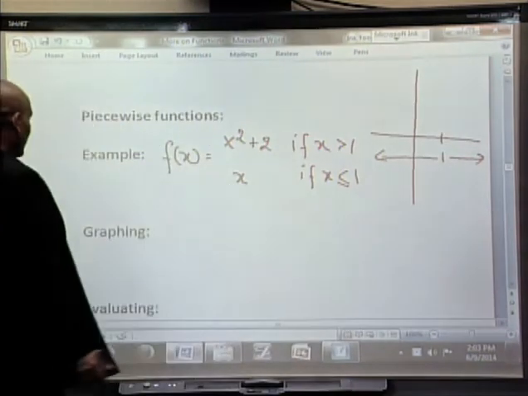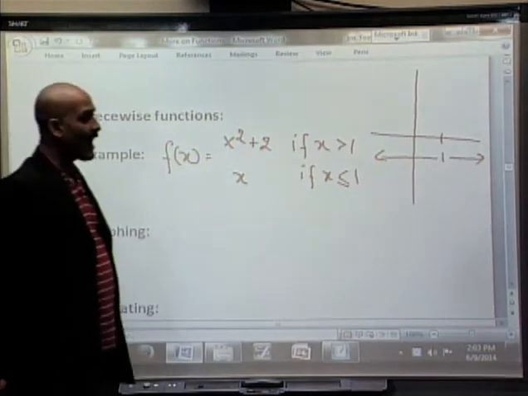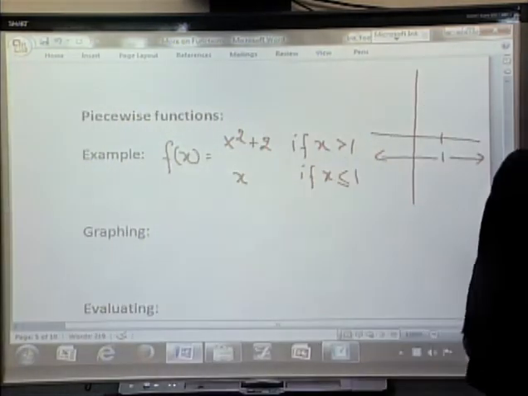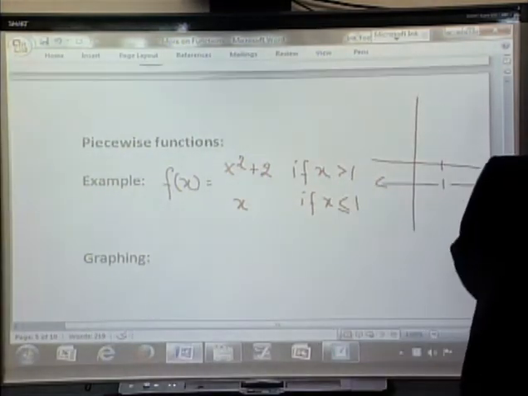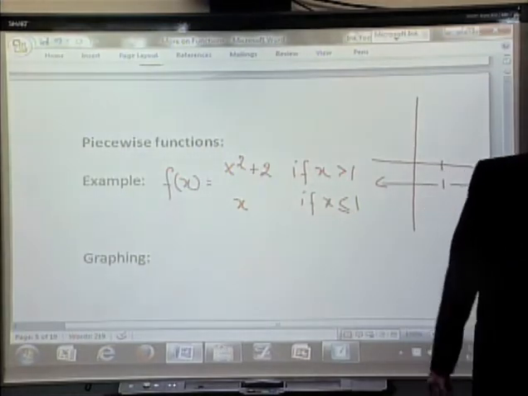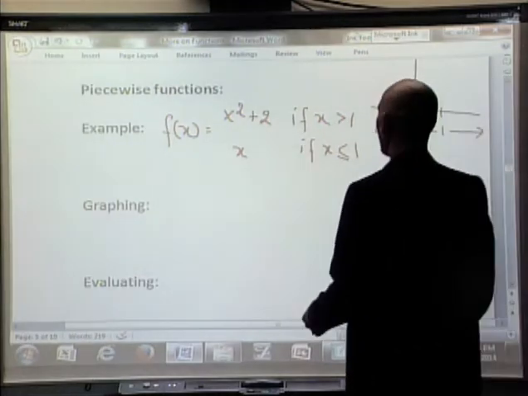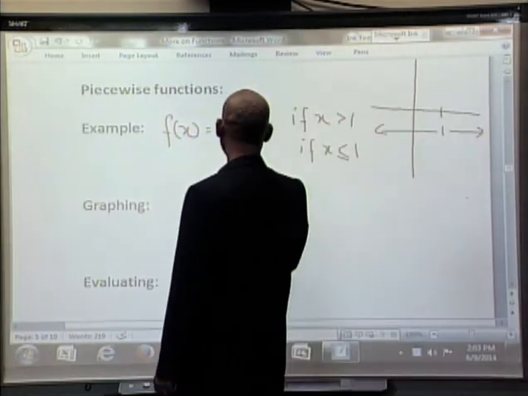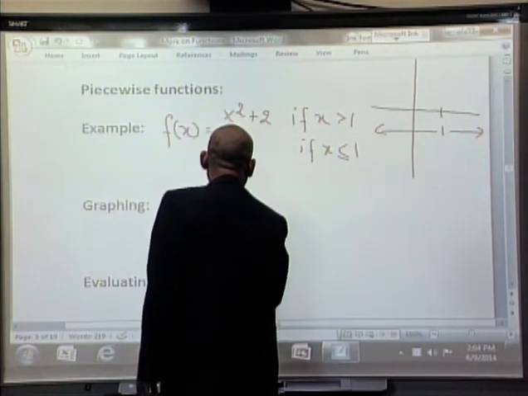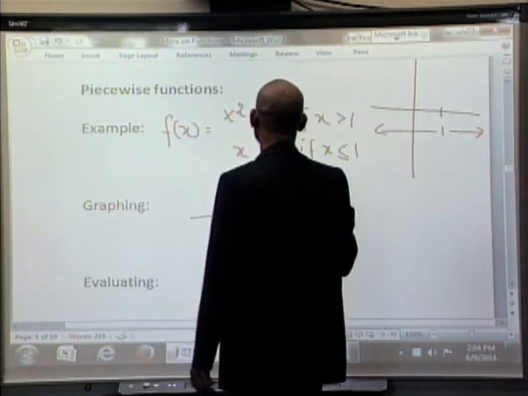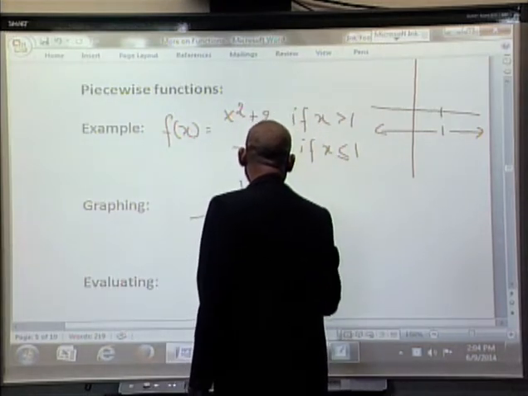Well, now the next thing we want to do is graph the piecewise function. Basically what we have to do in order to graph this piecewise function is graph each piece separately.